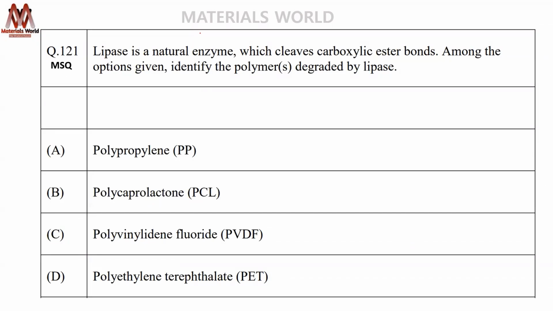For example, see, it's telling that lipase is one kind of natural enzyme which cleaves carboxylic ester bonds. Where will you get ester bonds? In esters, polyesters. Now, identify the polymers which can be degraded, and it's an MSQ. What are the polyesters? PP is not a polyester, PVDF is not a polyester.